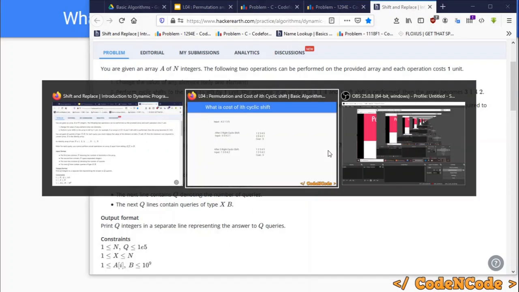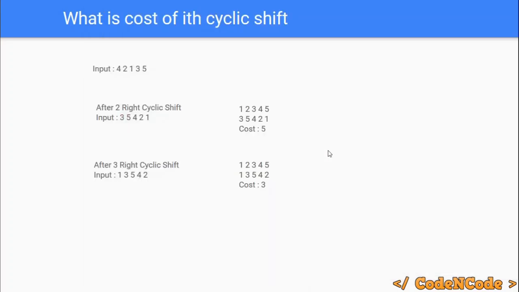In this lecture, it was only an introduction, so I'm not going to teach you in this lecture how to find the cost of the ith cyclic shift, but try to solve it yourself. In the next lecture, I'll be teaching you how you can calculate the cost of the ith cyclic shift. For each i, you can calculate the cost of the ith cyclic shift in a single iteration of the whole array.